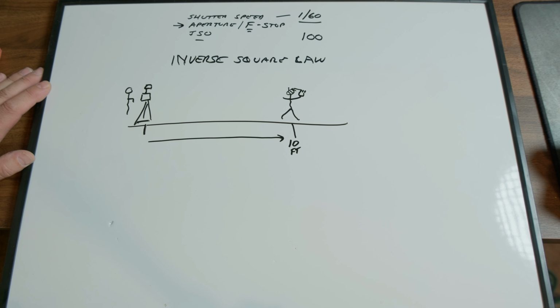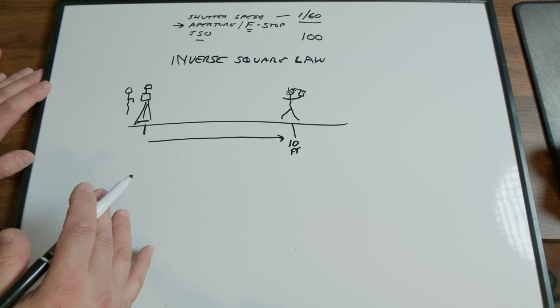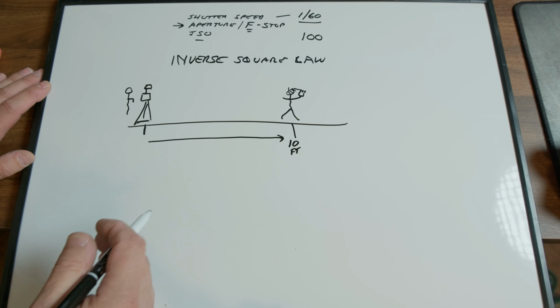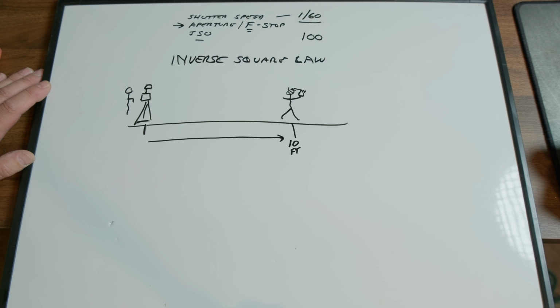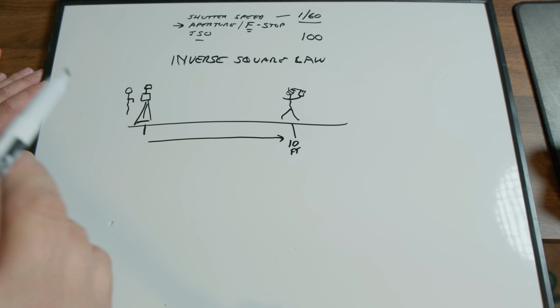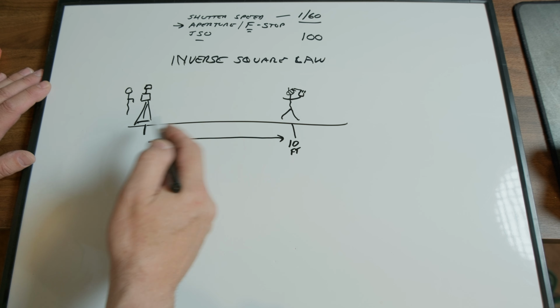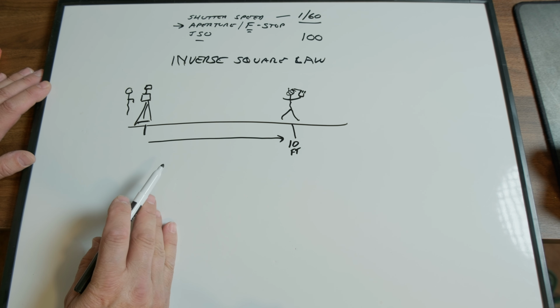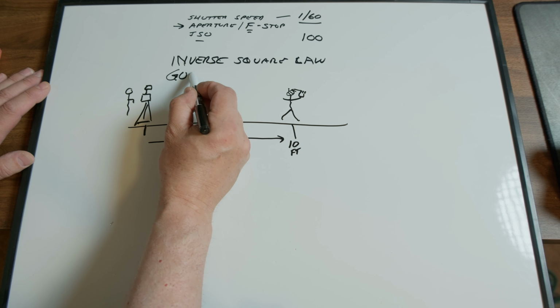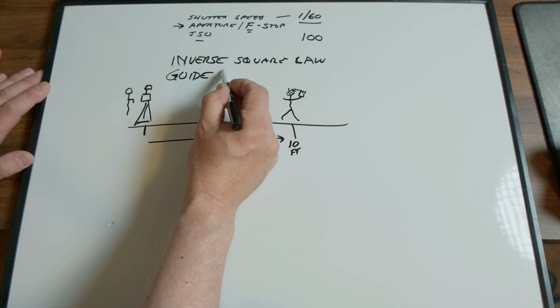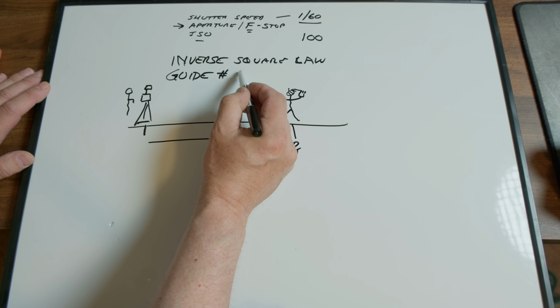Now, let's say we have a manual flash unit. In other words, you get 100% power, half power, quarter power, eighth power. In order to make a proper exposure at 10 feet, we have to know the guide number of our flash.